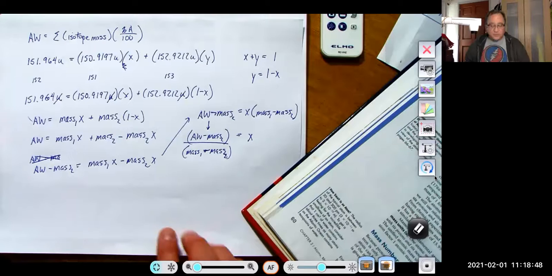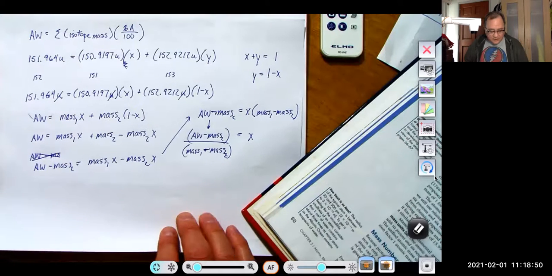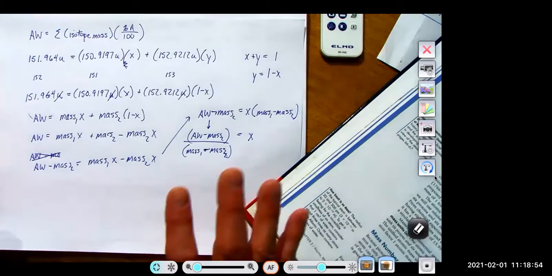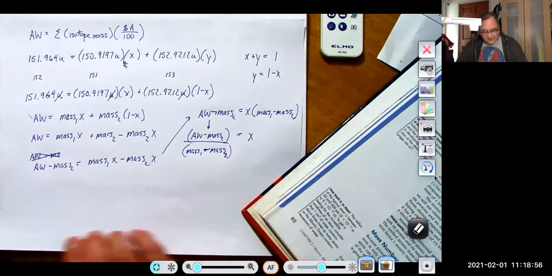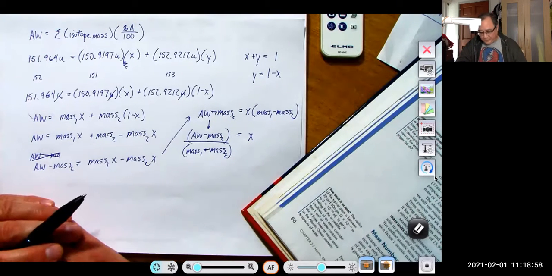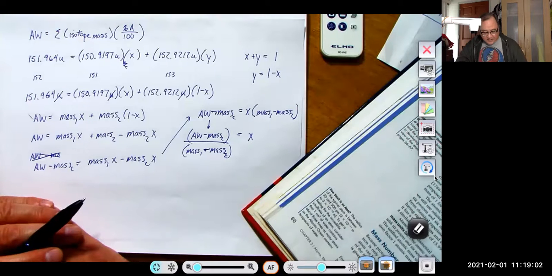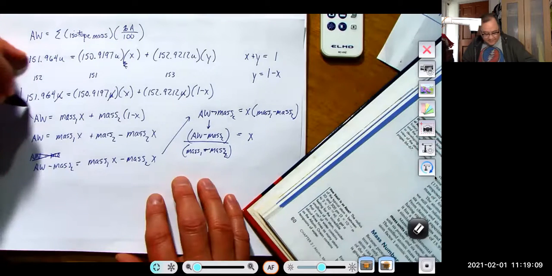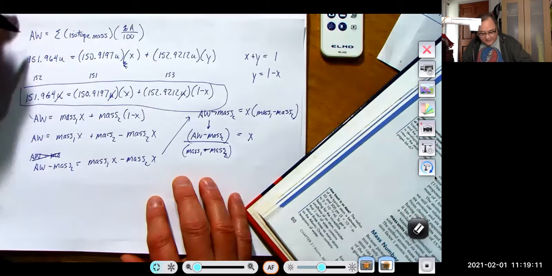Okay. So this would be how you would go about doing this particular problem. There is another way to do it, but this is the way I expect you to do it on an exam. When I say this is the way I expect you to do it, I expect to see this. I expect to see this.